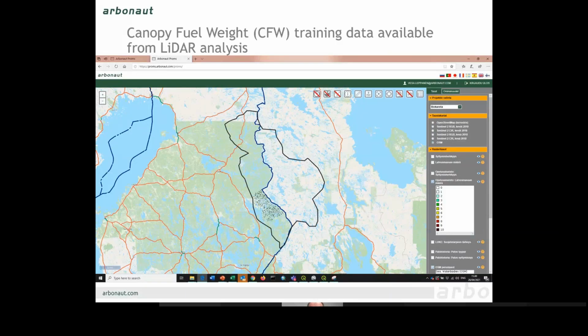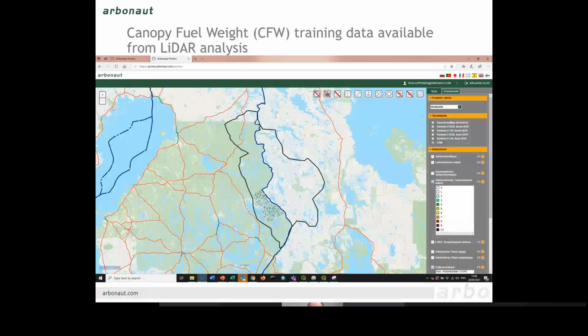When we started this analysis, we were lucky that Arbonaut had already analyzed the forest fire management layers for the Lieksa area.